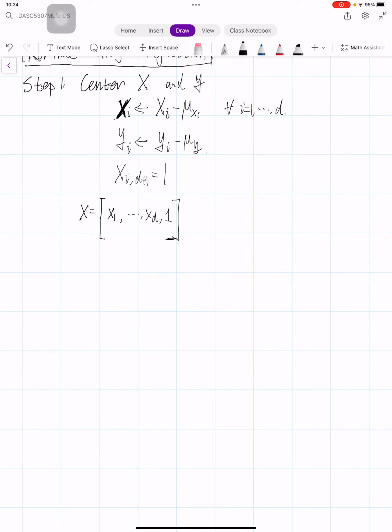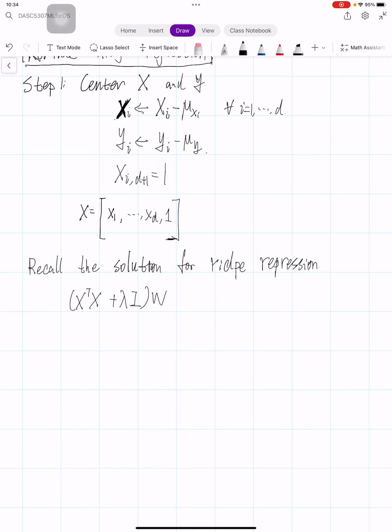Recall that for ridge regression we have a closed-form solution, given by (X transpose X plus lambda I) w equals X transpose y.